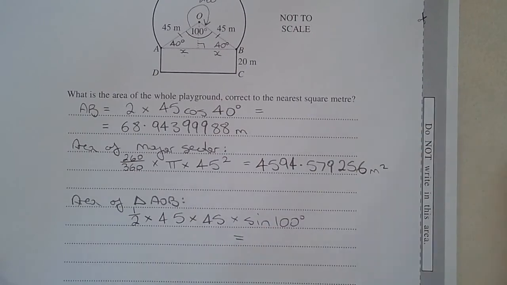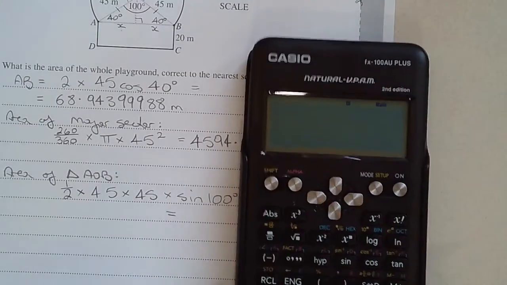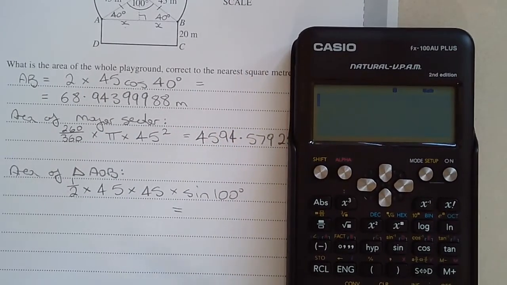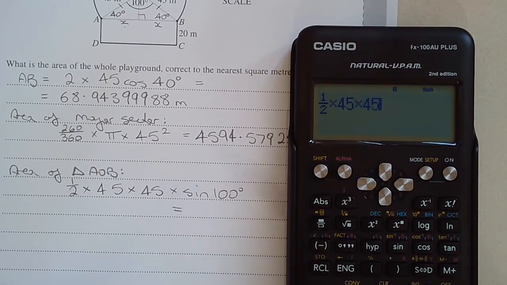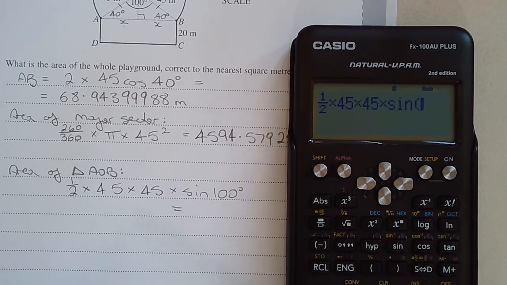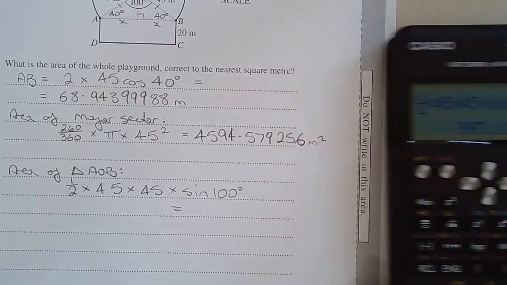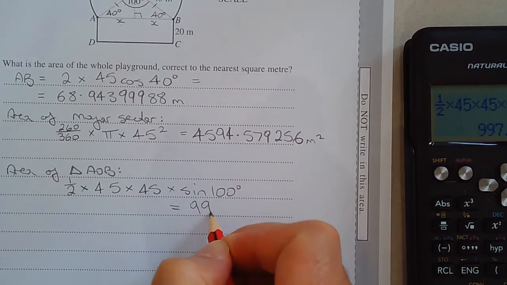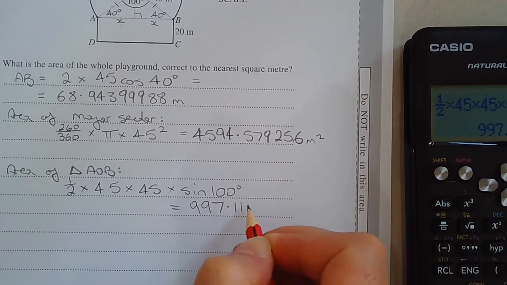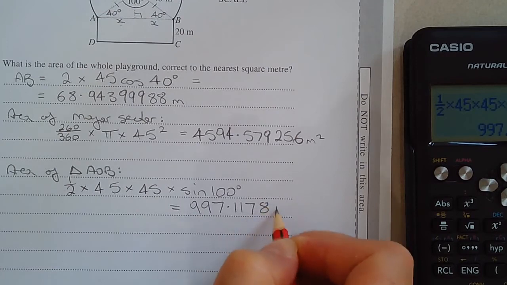And we'll just put the answer here since I'm running out of space. So half multiplied by 45 multiplied by 45 multiplied by sine of 100, and we get 997 with a decimal component.